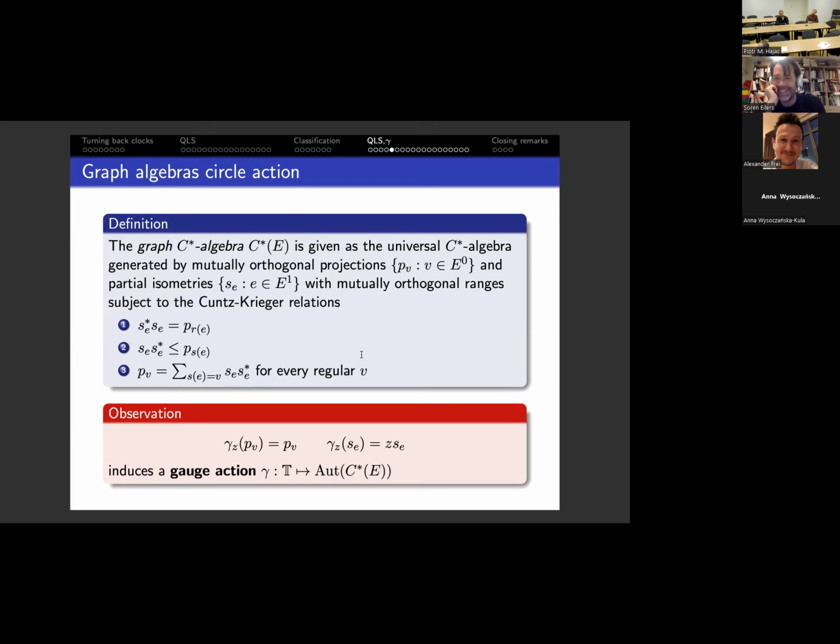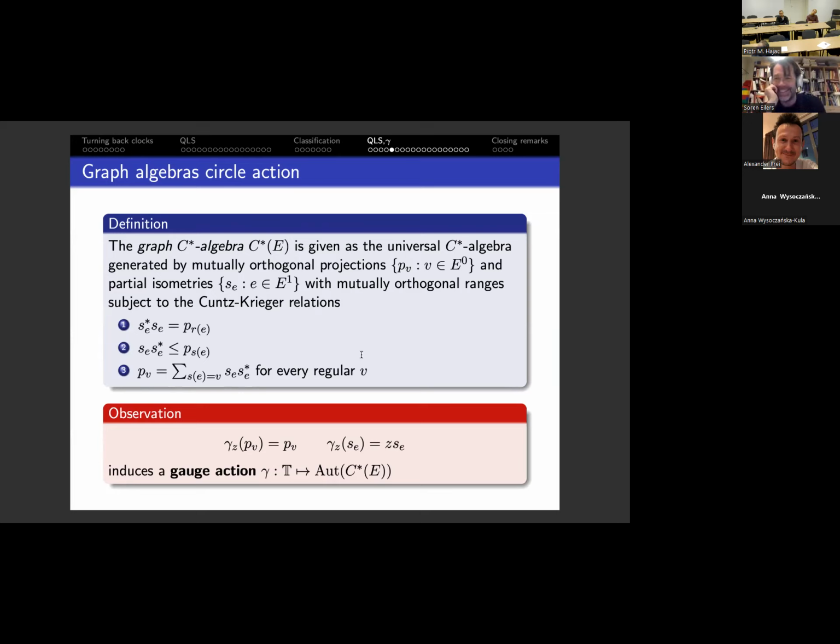You can check that the map given by Hong and Szymanski commutes with the gauge action. So the quantum lens space with the action is the same as the corner with the action. Here I'm using implicitly that the projection P is a sum of vertex projections, so it's fixed by gamma. This is sort of step one in the proof of Hong and Szymanski.